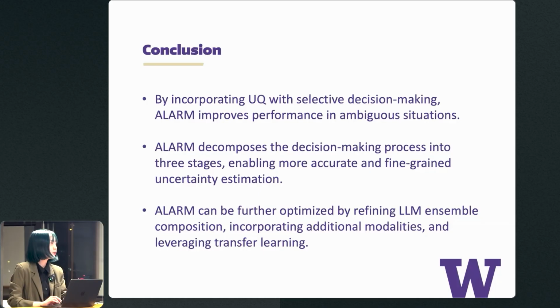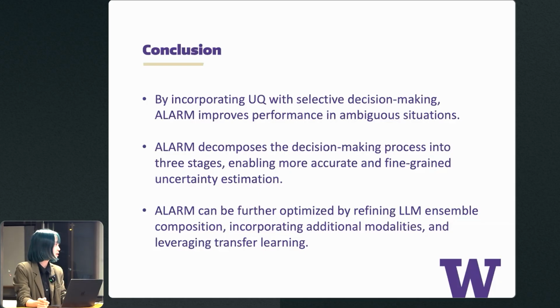And also, we propose some future work directions. Our ALARM can be optimized by refining LLM ensemble compositions. For example, we can design which kinds of LLMs we should include in the LLM reasoning chains. And also, we can incorporate additional modalities. In today's talk, I showed the results of smart home monitoring on video anomaly detection and also wound image classification.